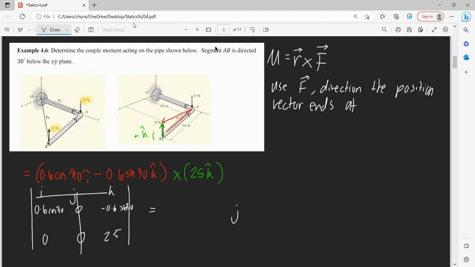If we cover these two up, that's 25 times 0.6 cos 30. And that's equal to 25 times 0.6 cos 30. It's equal to 12.990 in our j direction.